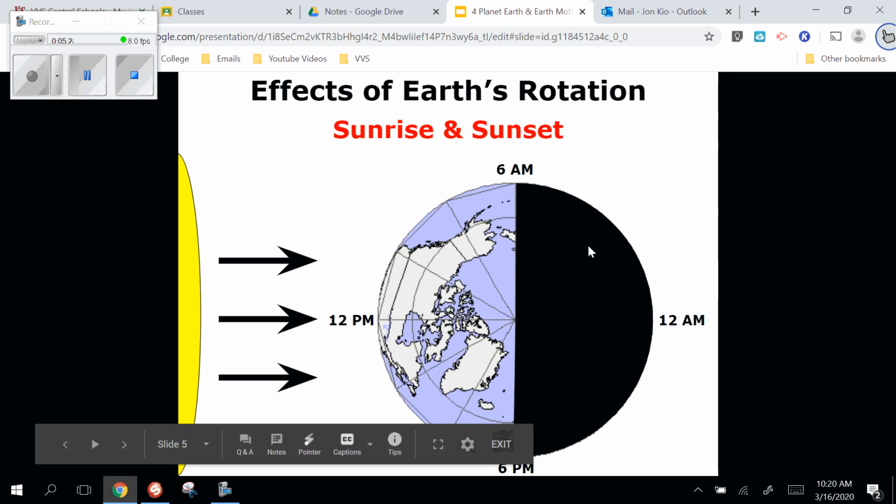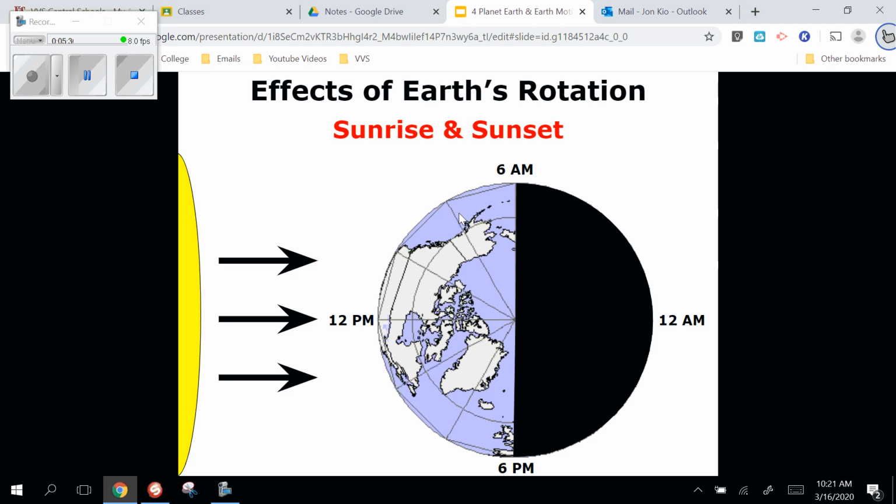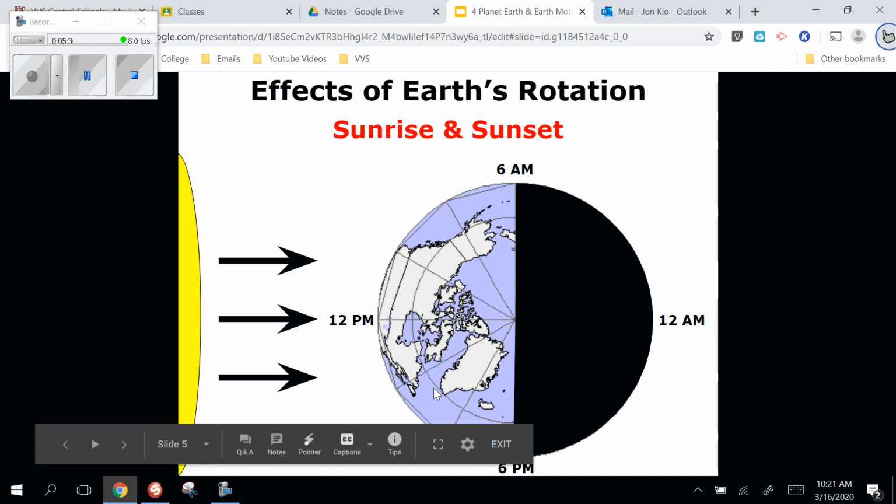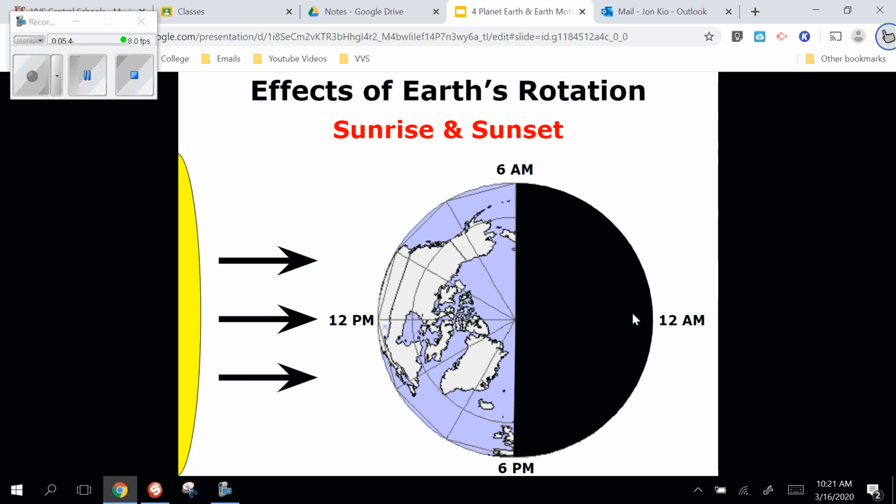So again, if I start at 6 a.m., there's 9 a.m. Somewhere right in here is 9 a.m. There's noon. Somewhere right in here is 3 p.m. Here's 6 p.m. Somewhere in here is 9 p.m. There's midnight. And then somewhere in here is 3 a.m. So you can figure out time on the Earth anywhere just by knowing where your longitude is in relation to the sun.